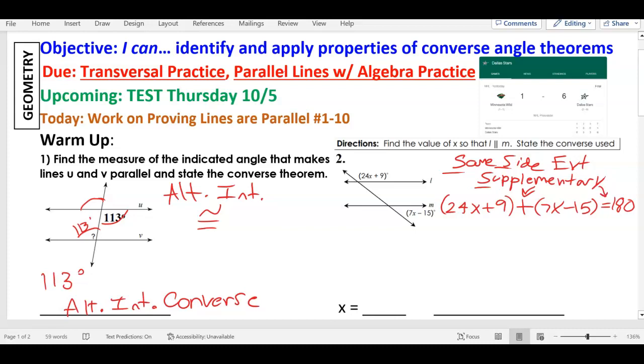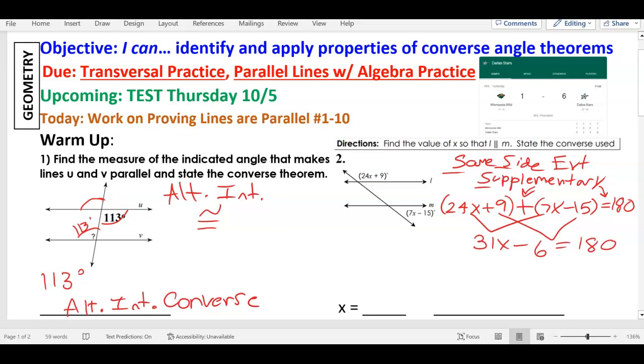Cool. Then, can you solve this? I have two x's on the same side, combine like terms. 24 plus 7 is 31x. Your constants, 9 plus negative 15 is negative 6. It equals 180.